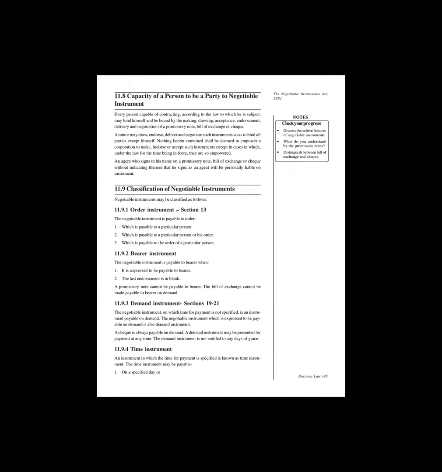त्याच्यानंतर capacity of a person to be party to negotiable instruments तर every person capable of contracting according to the law to which he is subject may bind himself and be bound by the making, drawing, acceptance, endorsement, delivery, and negotiation of a promissory note, bill of exchange or check.